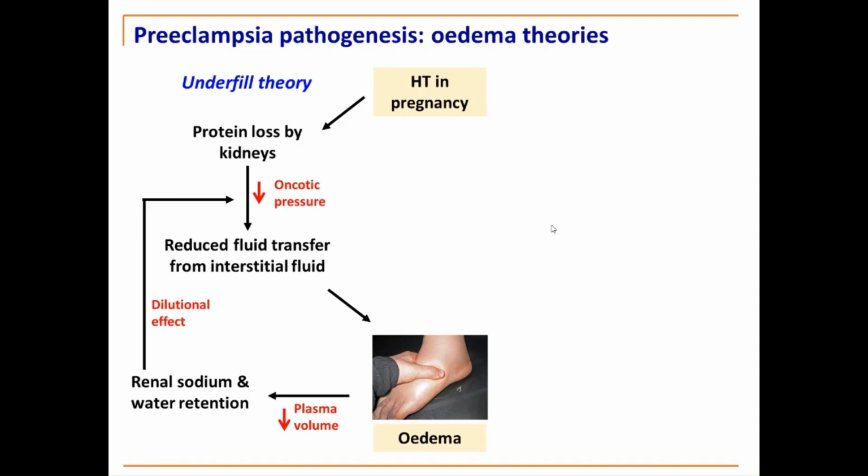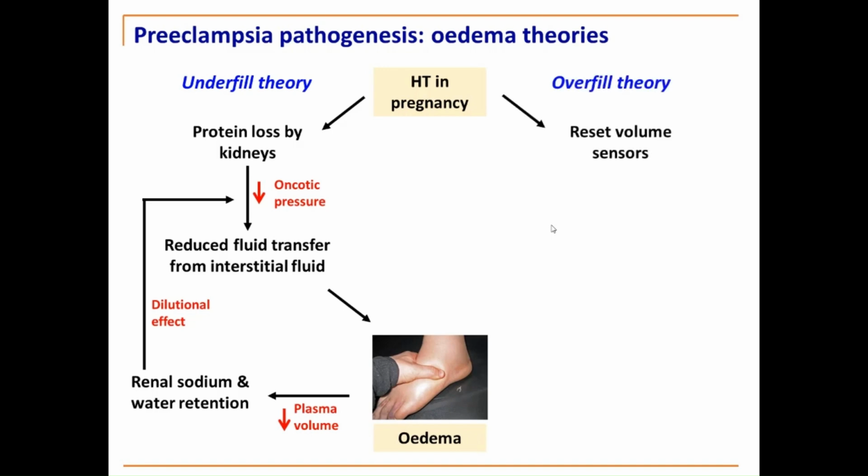And the whole point, this is called the underfill theory because there is a decreased plasma volume. So therefore it's underfilling of the system. Remember, which triggers the renin-angiotensin-aldosterone system and further dilution of protein, leading to that vicious cycle. And of course, the increased fluid retention leads to an increased weight gain. So that's your underfill theory.